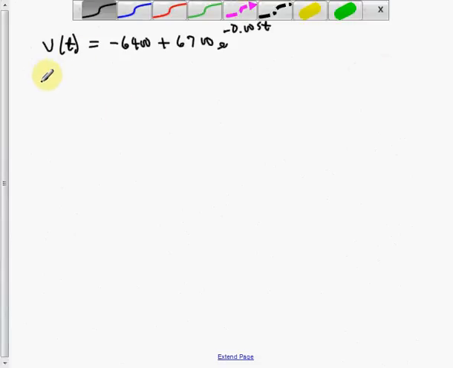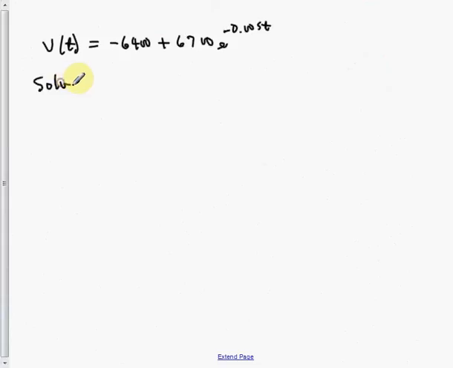Here's my question to you. Solve for s of t where s naught is equal to 0, at the ground level.